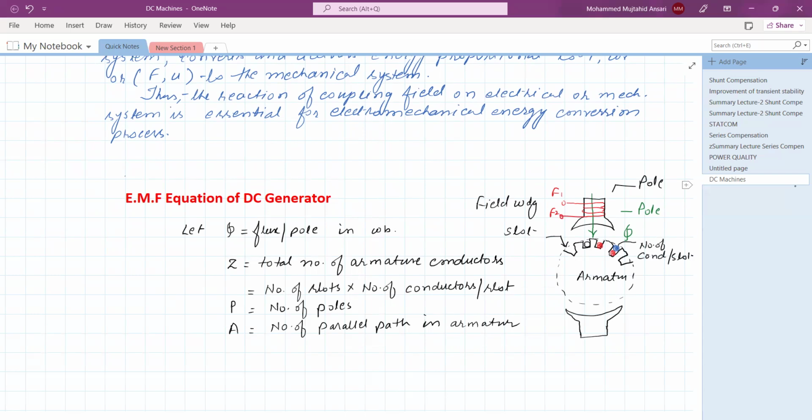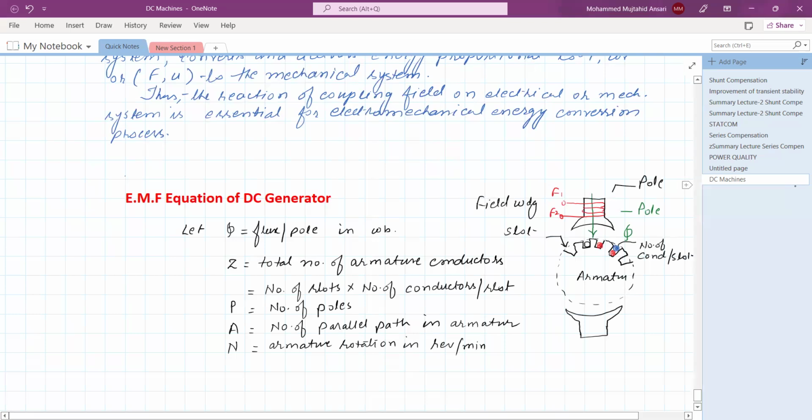It is different for the lap winding and different for the wave winding. Here N, capital N, is the armature rotation in revolutions per minute.